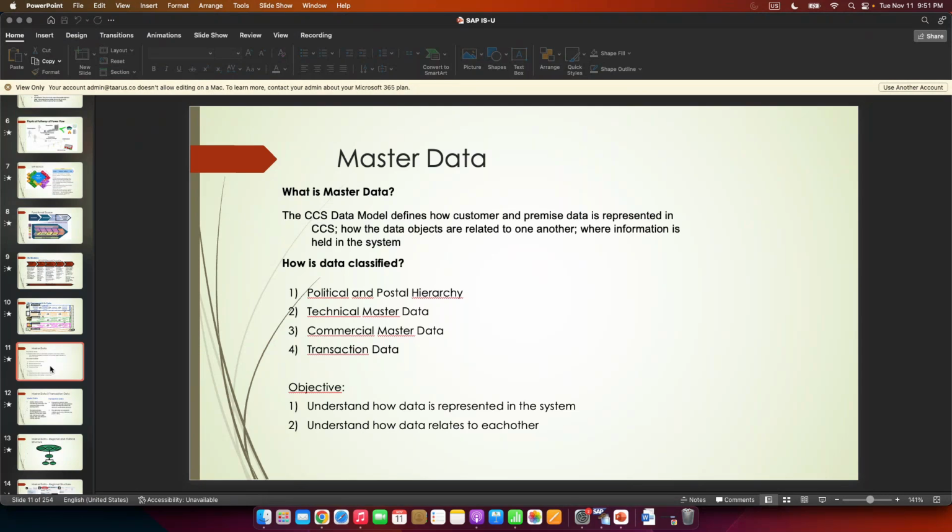Say, for instance, customer services, who interact with the customers. Customer move-ins, move-outs, customer complaints, transfer of services, customer correspondence, all those things are tracked or stored as transactional data from customer service.